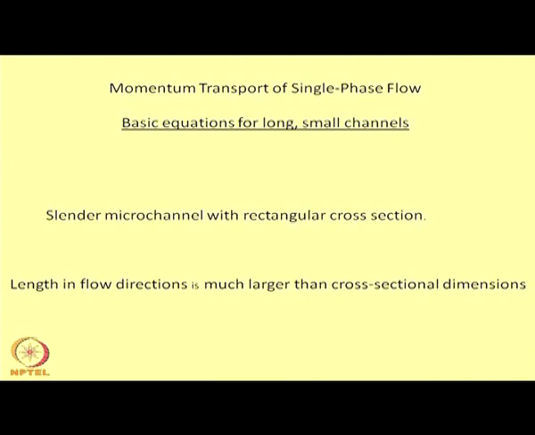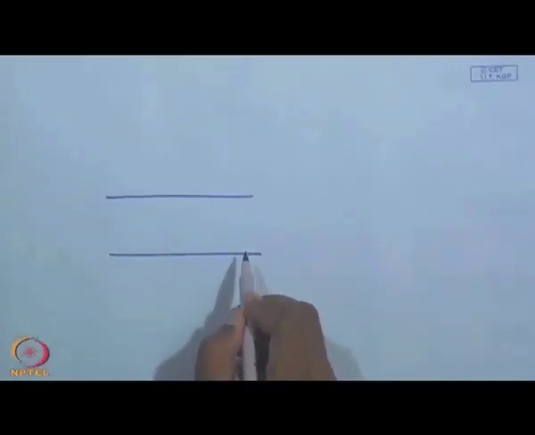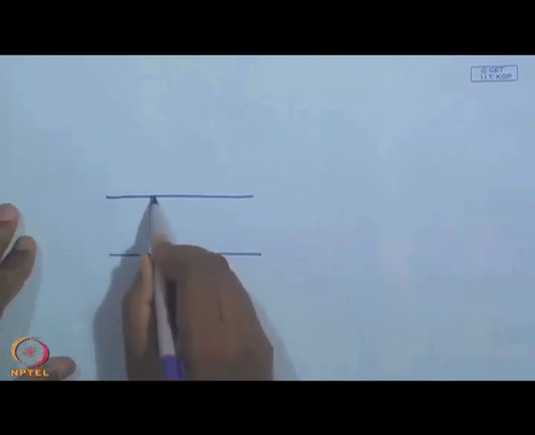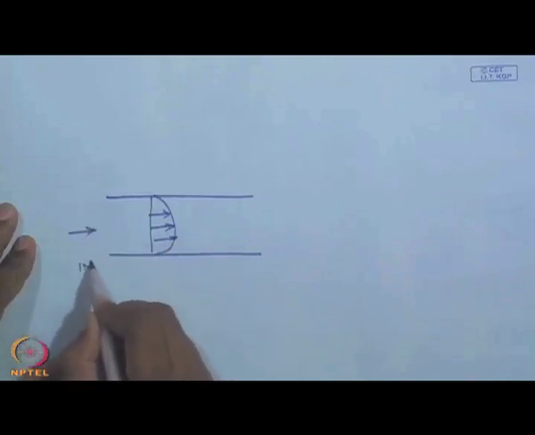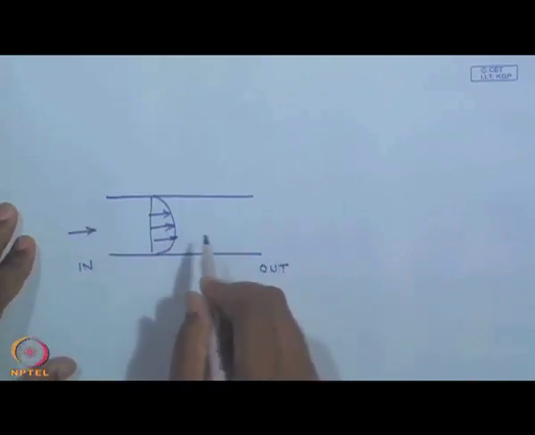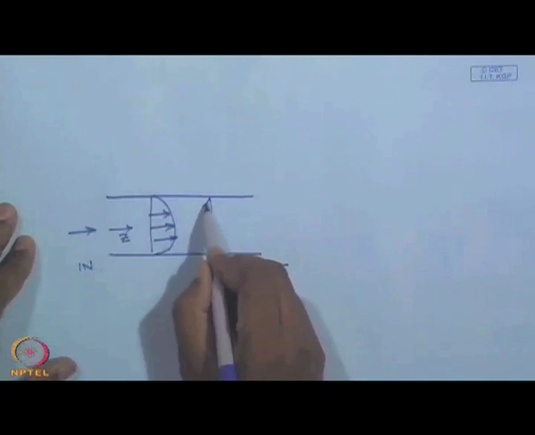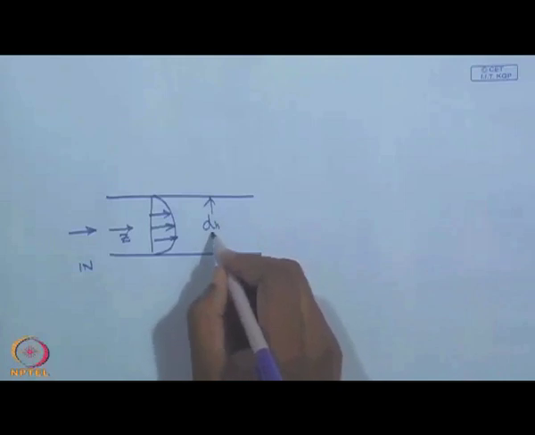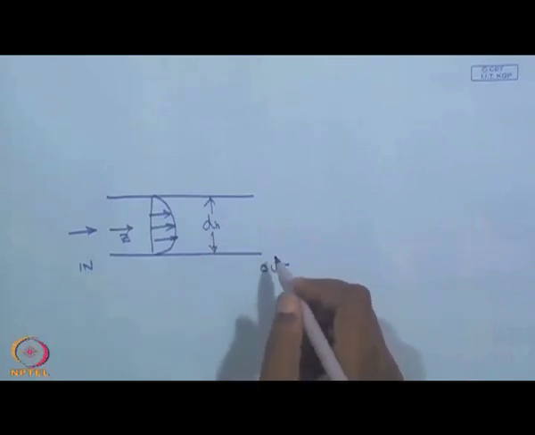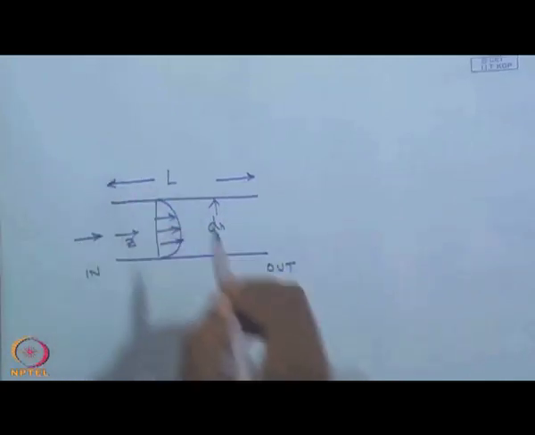Roughly the system would look like this: I have a microchannel, this would be the velocity profile, this is flow in, and flow out from here, this is the flow direction, this is the hydraulic diameter of the channel, and this is the length of the microchannel.